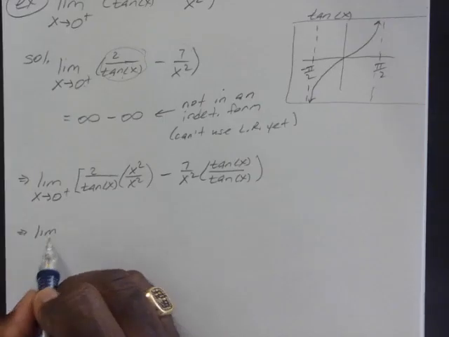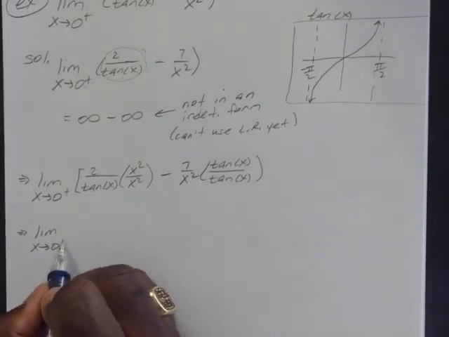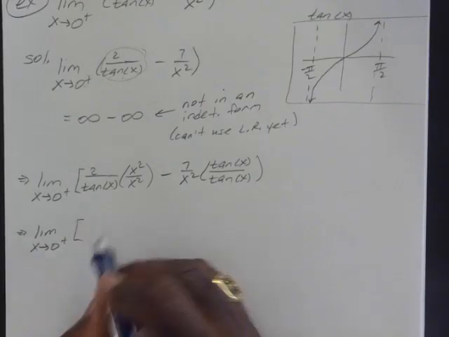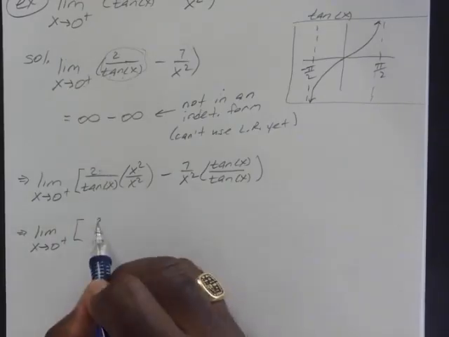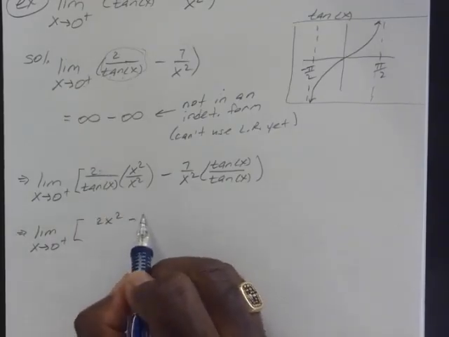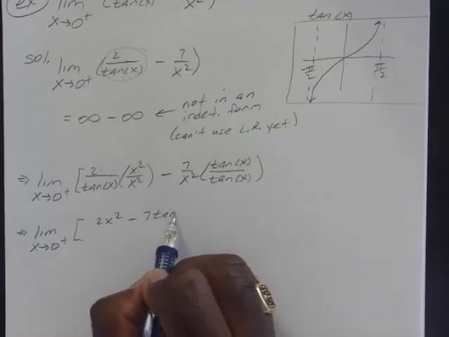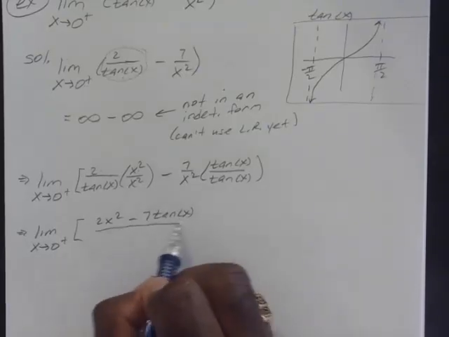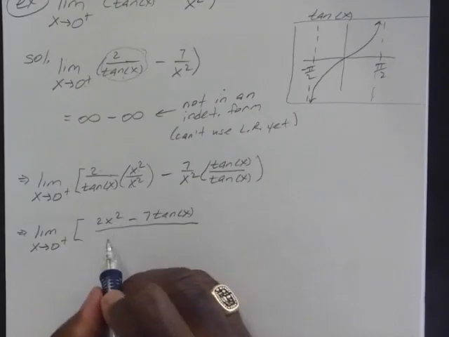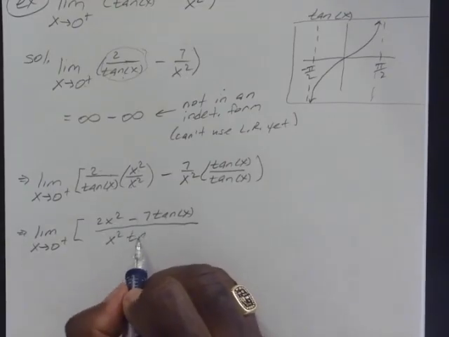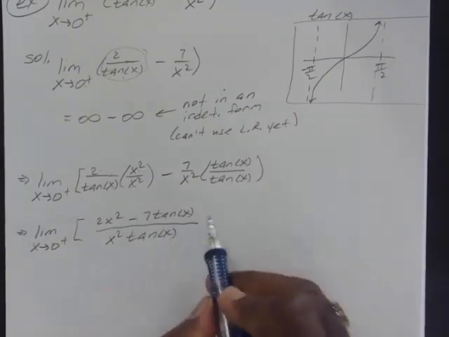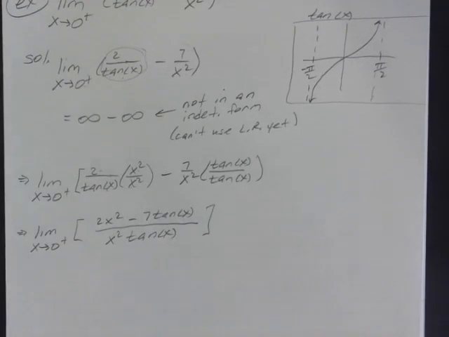Okay, so if we take the limit as x approaches 0 from the right, we have 2x squared minus 7 times tangent of x, divided by x squared times tangent of x. We just use direct substitution.